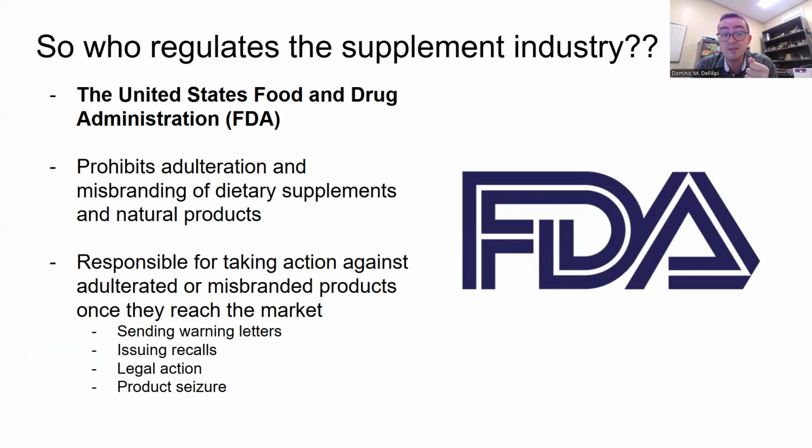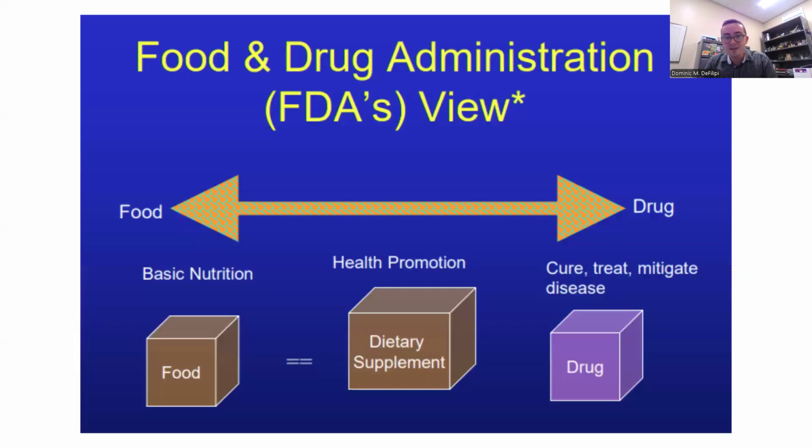They can issue recalls. They can pursue legal action against certain companies which are selling problematic dietary supplements, or maybe dietary supplements which claim that they can cure cancer, like amygdalin, which we mentioned earlier. The FDA can even go so far as to have FDA agents walk into the pharmacy and seize products right off of the shelf that they deem to be in desperate need of recall, in an urgent recall.